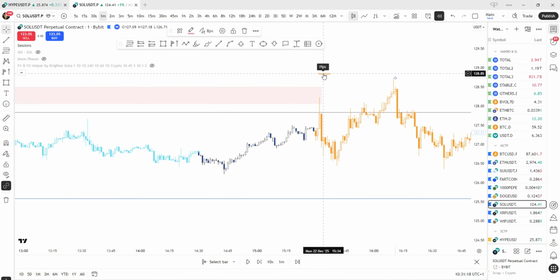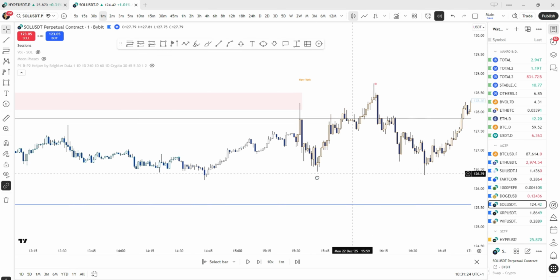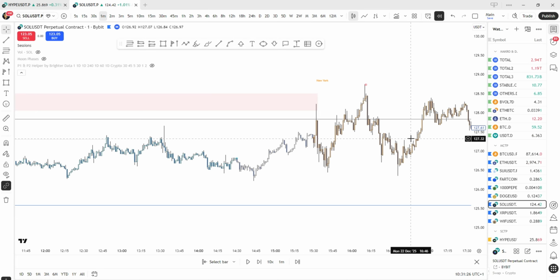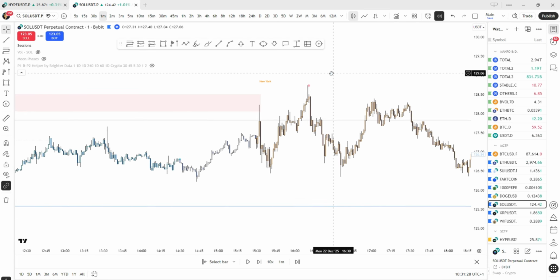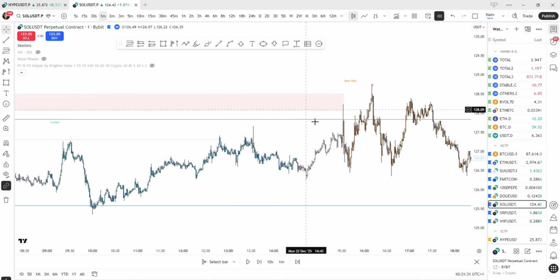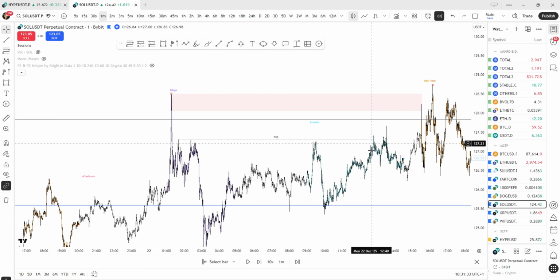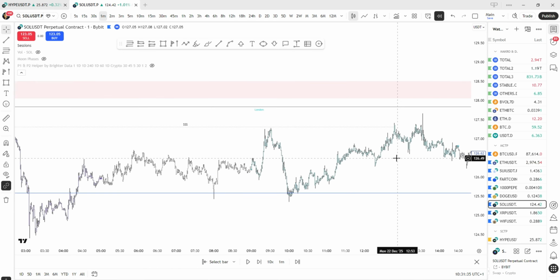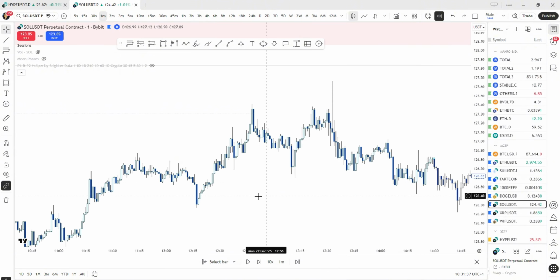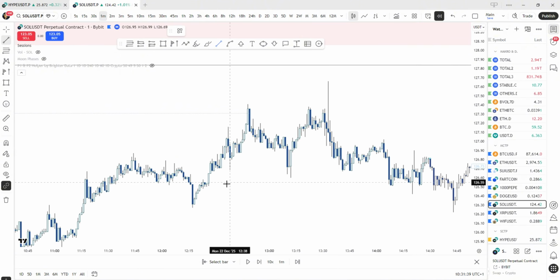Yeah, this was exactly on New York Open. Little sell, buy on a low time frame. And often New York manipulates in the first hour. So basically, there wasn't a really good confirmation here. So you would have gotten trapped.